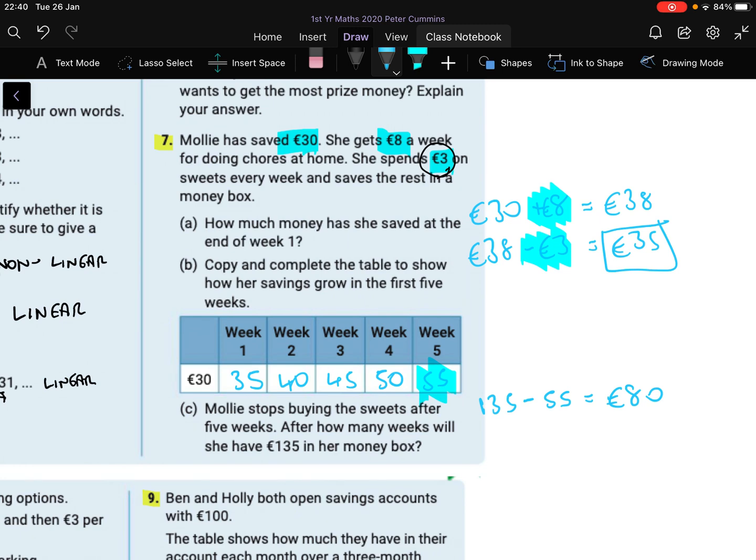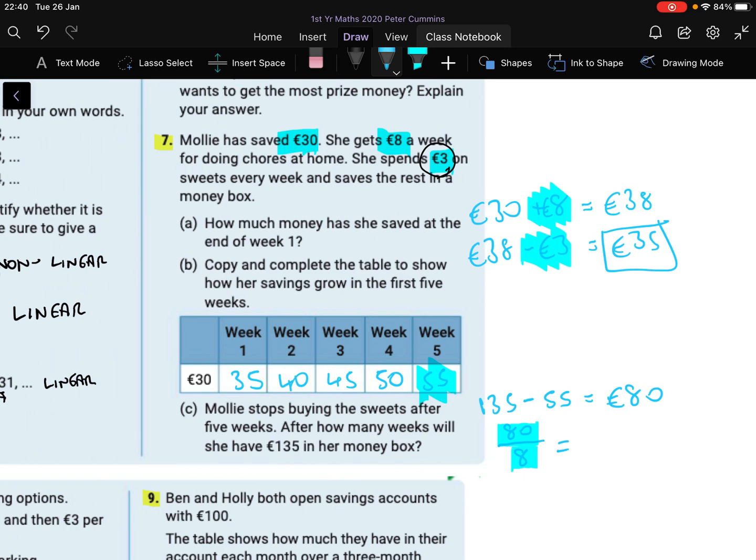You say, well, okay, if we take the €80 and we divide that by how much money she is going to get now, since she's not buying the sweets, she's going to have the whole €8. So here's how much money she wants, and here's how much she's saving every week.